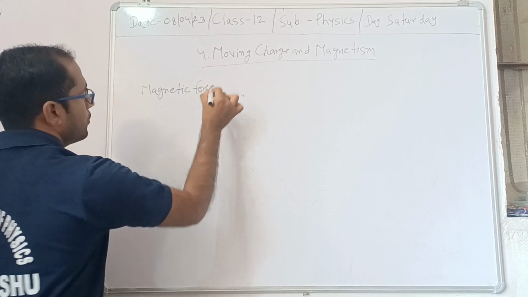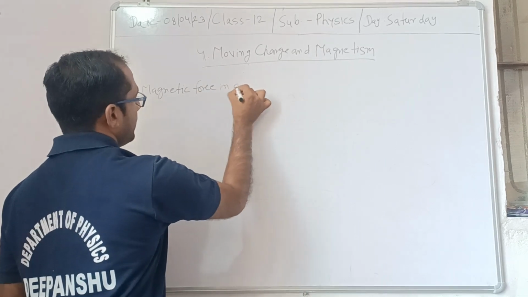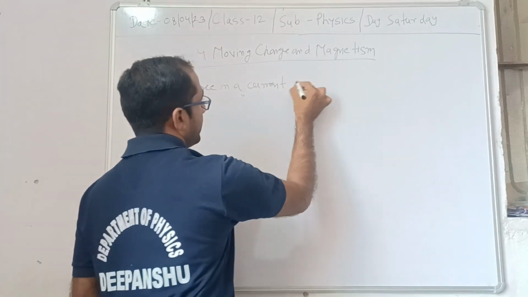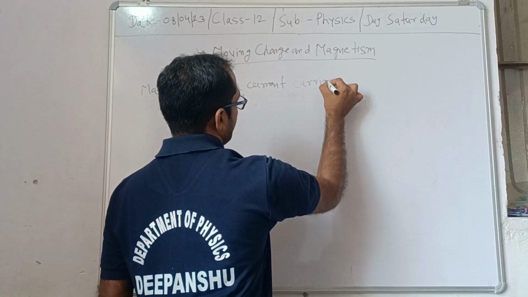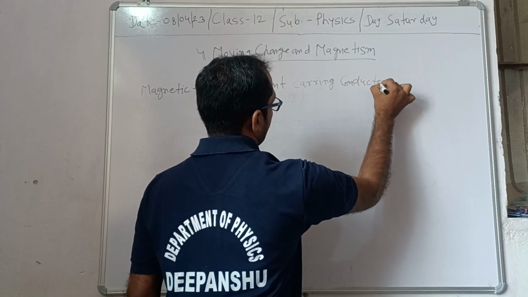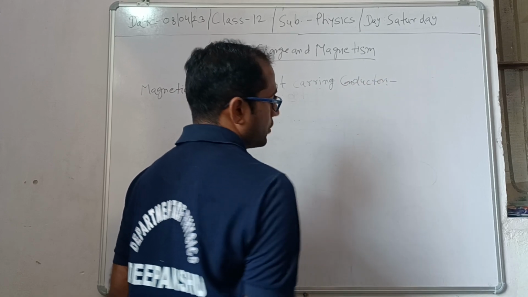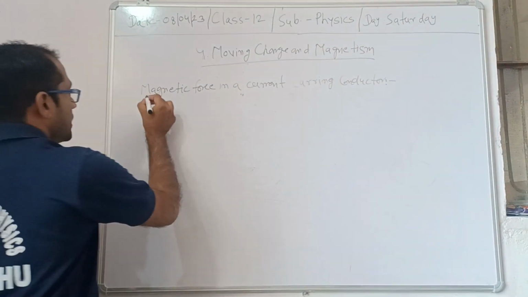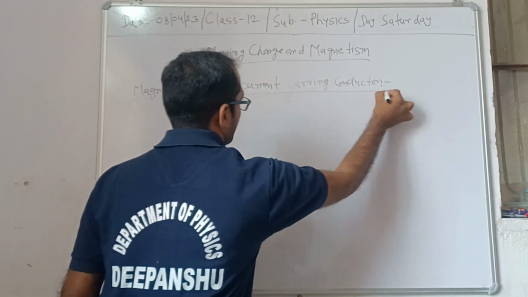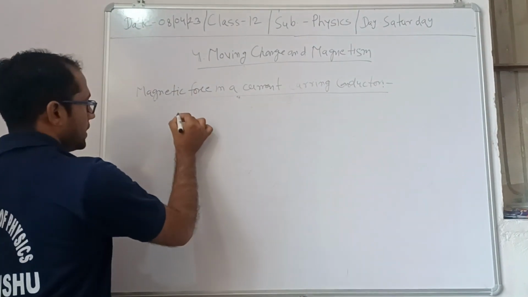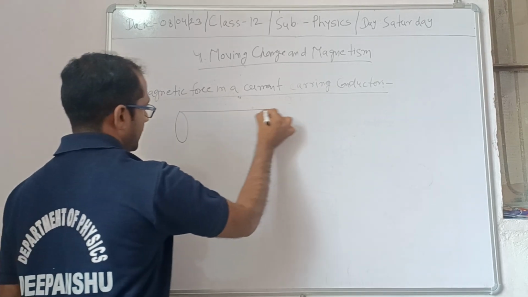We discussed a similar phenomenon for the electric field, and now a similar formula for the magnetic force. So this is a current carrying conductor.